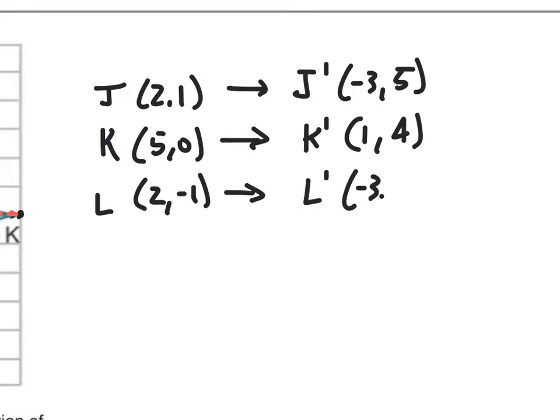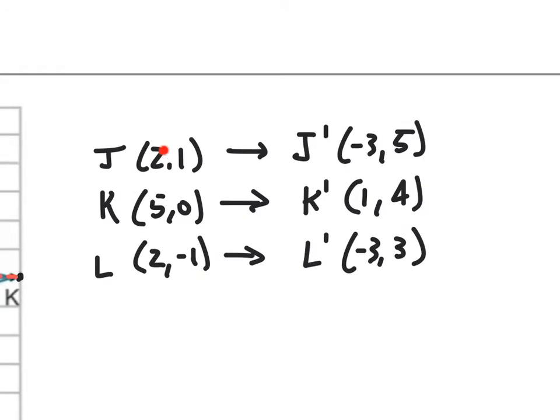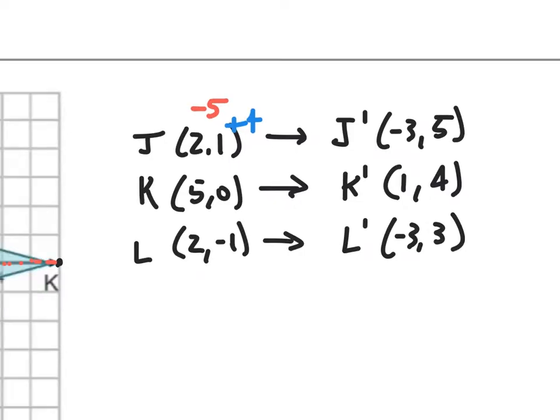What you have to think about here is, going from this point to this point, what am I doing to get from 2 to negative 3? We're going to subtract 5. And then to go from 1 to 5, we're going to add 4. And sorry, this should be the point 6, 0, not 5, 0.